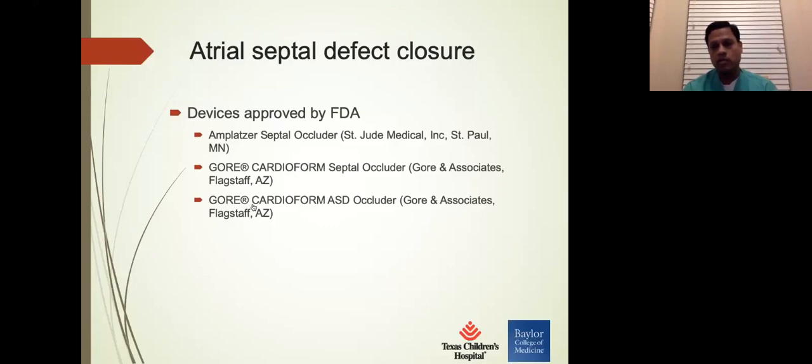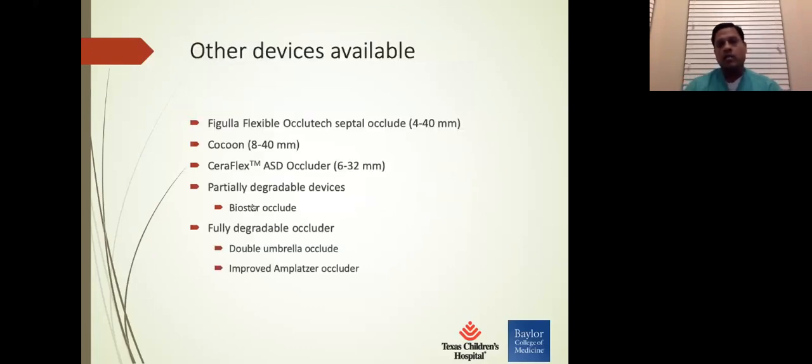I'm not sure if it's available outside USA. But there are several other devices besides these two which are available outside USA, in Europe and in India, and in Asia. The Occlutech devices, which come from anywhere from 4 to 40 millimeters. There's Cocoon devices. There's Seraflex ASD occluder.